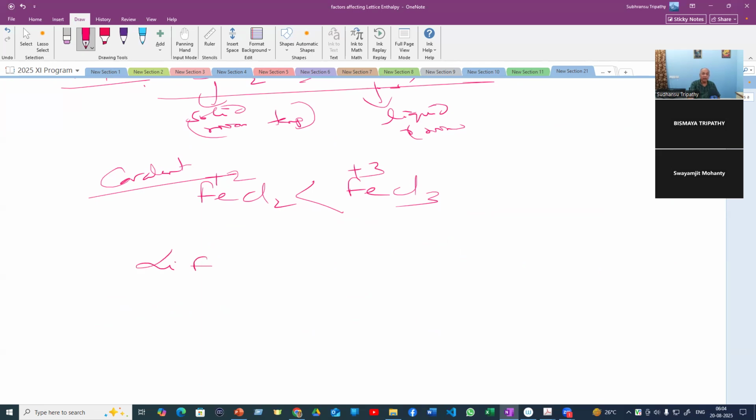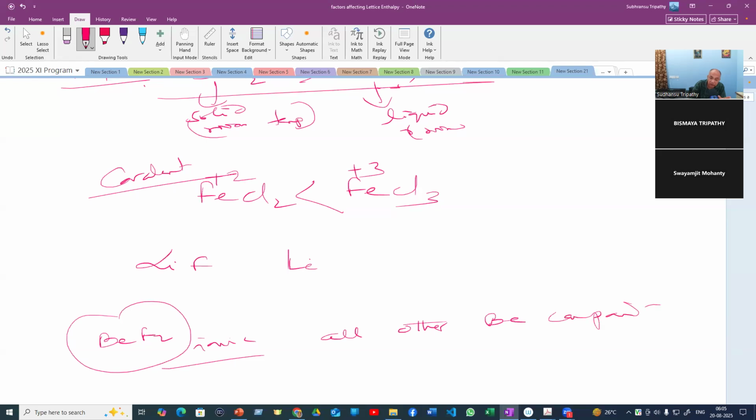Supposing we consider lithium fluoride, Li+ has appreciable polarizing power. So lithium compounds have appreciable covalent character. But fluorides of every metal are predominantly ionic. Even beryllium fluoride is ionic. Beryllium oxide is also predominantly ionic.